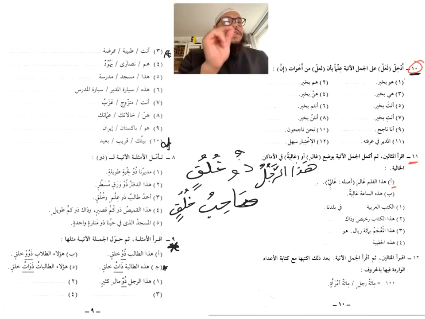And the only time that the ya comes back is when you make it feminine, when it becomes ghaliyatun. Okay? So it says al-kutub al-arabiyyatu. This is feminine. So what's this going to be? Ghalin or ghaliyatun? You have to choose and fill in the blanks regarding these sentences, inshallah, using ghalin or ghaliyatun.